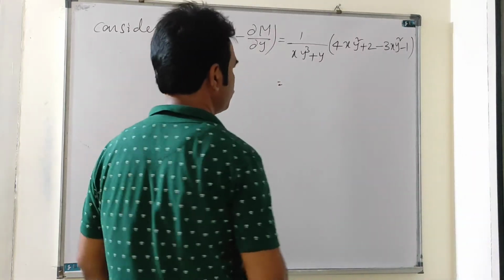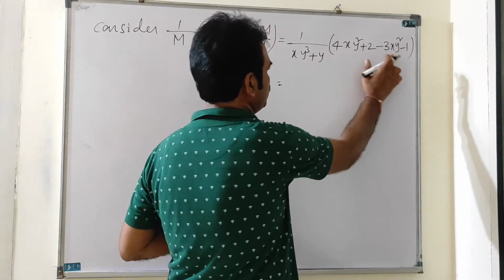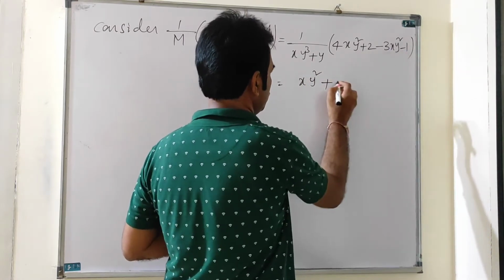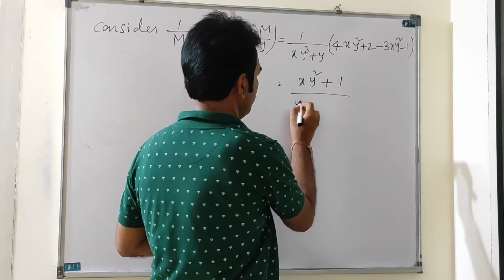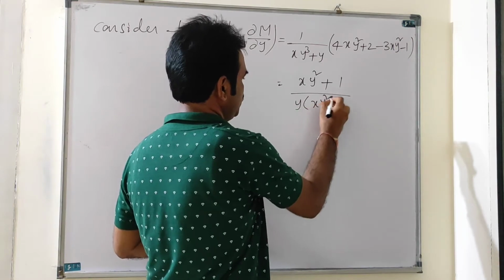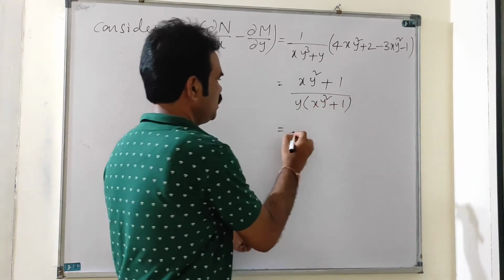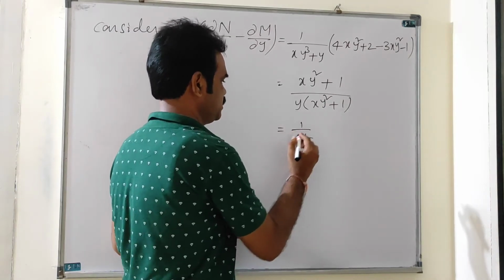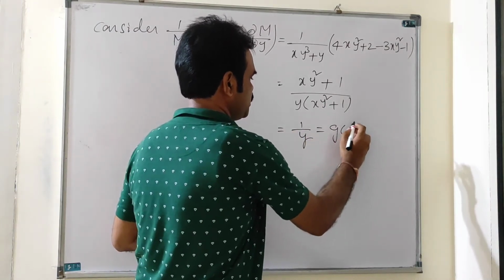This is equal to (x y square plus 1) by y times (x y square plus 1), taking y common. Now x y square plus 1 cancels, and 1 by y remains. Say this is some g of y.